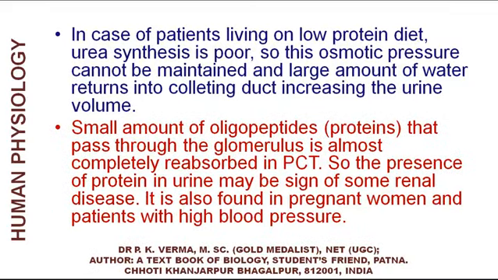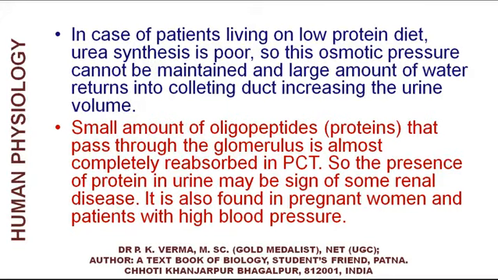In the terminal part of the collecting duct, almost equal amounts of sodium and urea are reabsorbed to maintain the outer environment isosmotic with the filtrate. A small amount of oligopeptides that pass through the glomerulus is almost completely absorbed in the PCT.